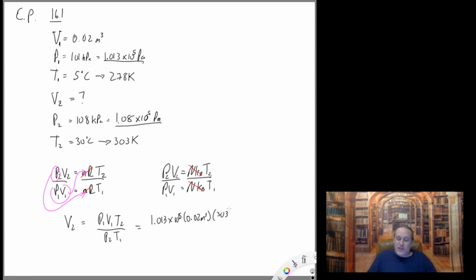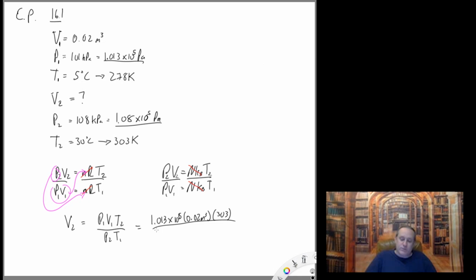Now, you could not get away with keeping the temperature in Celsius because 30 over 5 is not the same as 303 over 278. Those do not give you the same thing. But for the units of the pressures, we could do that.